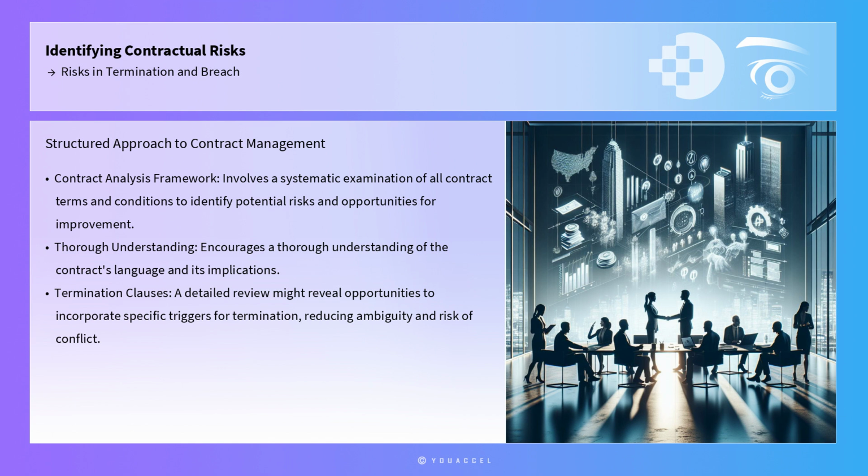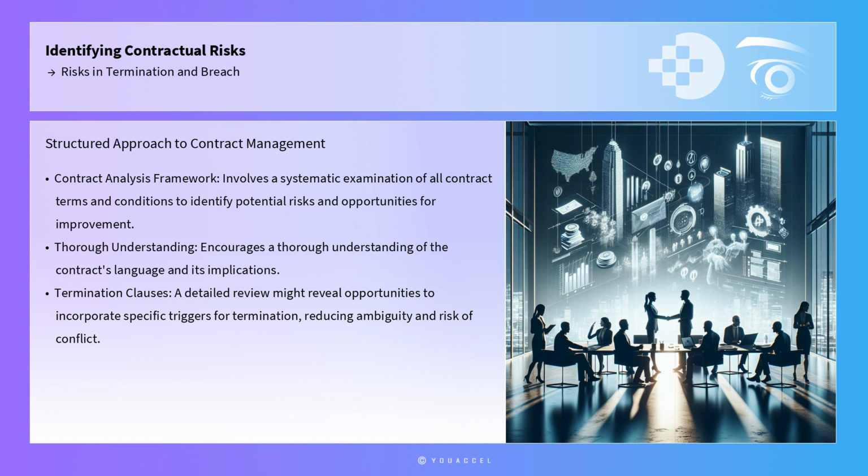To effectively manage these risks, professionals should employ a structured approach to contract review and negotiation. One practical tool is the contract analysis framework, which involves a systematic examination of all contract terms and conditions to identify potential risks and opportunities for improvement.